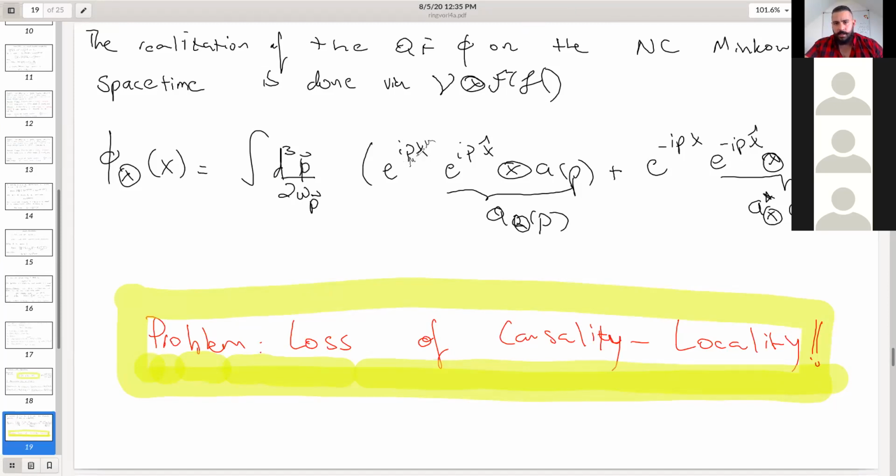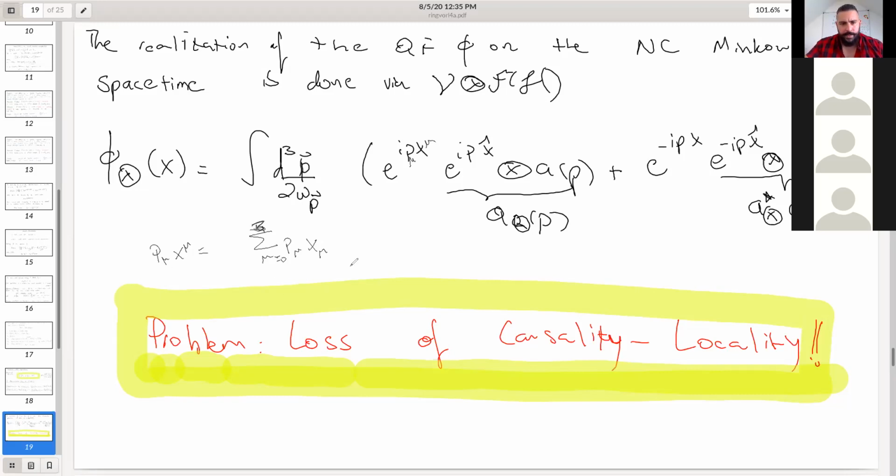What in physics we like to do is the Einstein sum convention, which means basically I sum over this. Mu goes from 0 to 3, sorry, so we have 4 dimensions.